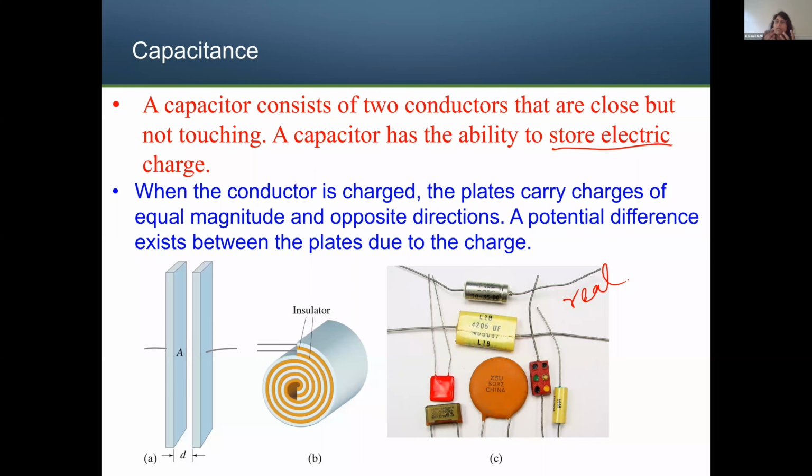Capacitors can have a cylindrical shape, spherical shape, or be a parallel plate capacitor. This is what we're going to study in your class, but there are many other shapes of capacitors. The purpose is still to store energy or charges on the capacitor to use later. That's the idea about capacitors.